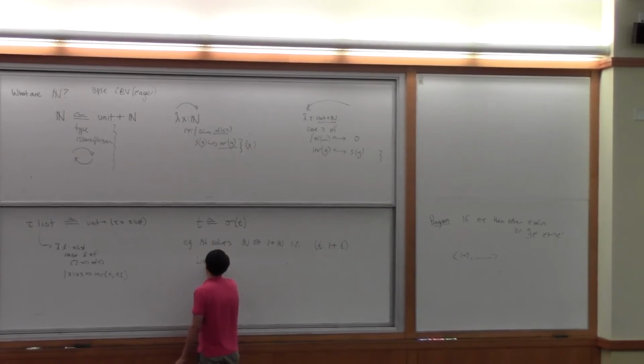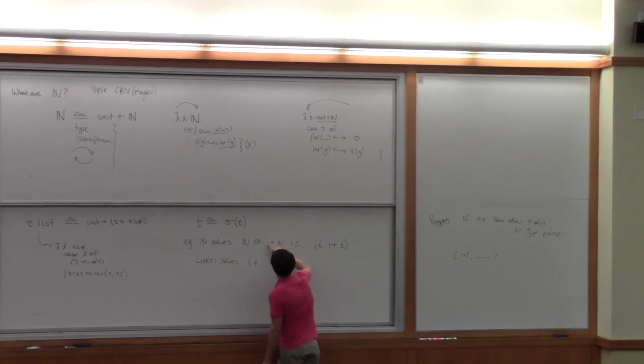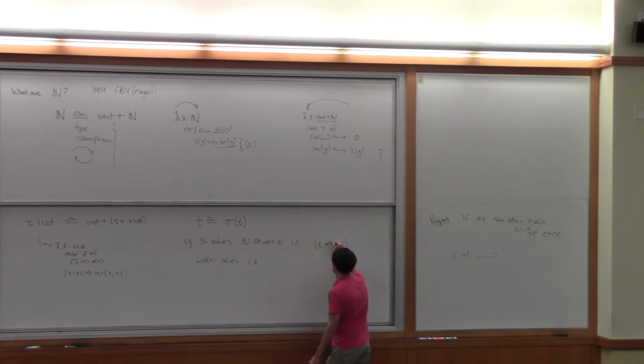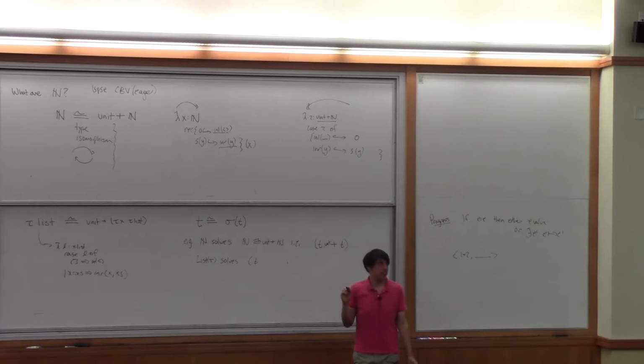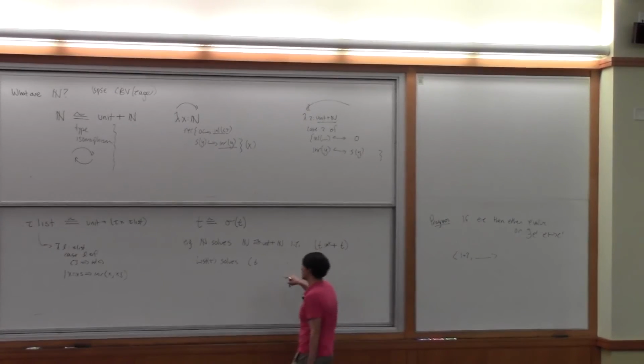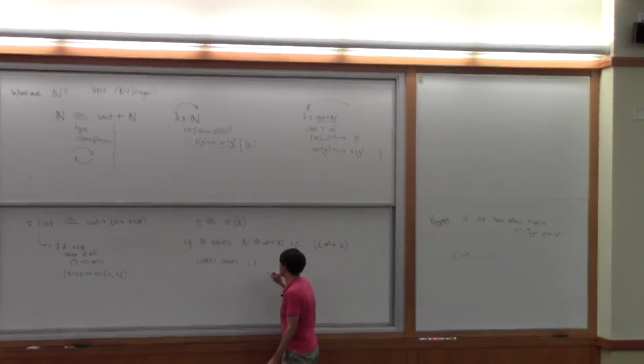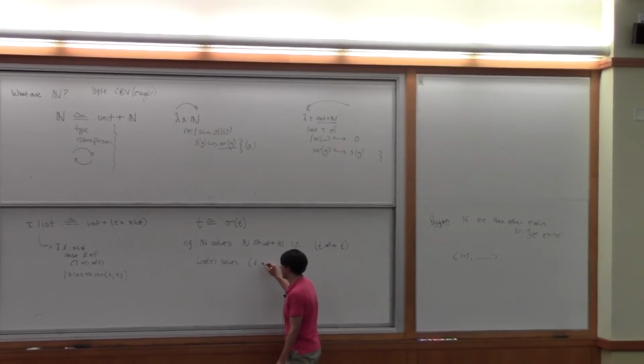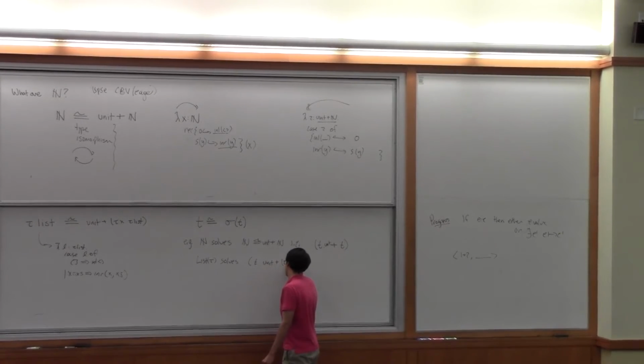List of tau solves t, oh, sorry, I'm slipping up here. So in more mathematical notation, people will often write unit as 1 and void as 0. But when we're talking about natural numbers, it's confusing to use that for both the types and the numbers, so I'll try to avoid it. List solves t is unit plus tau cross t.